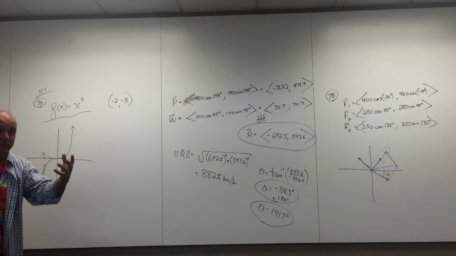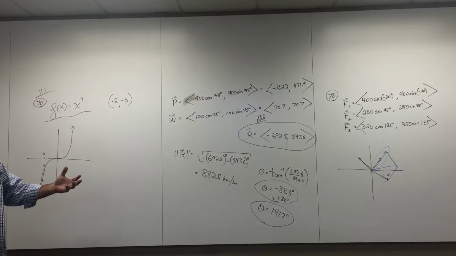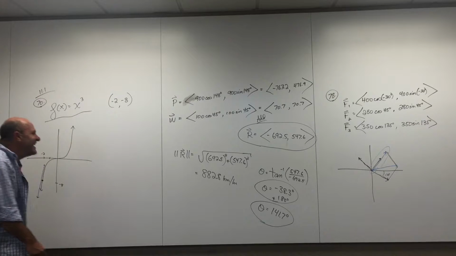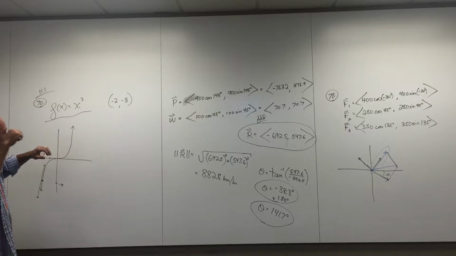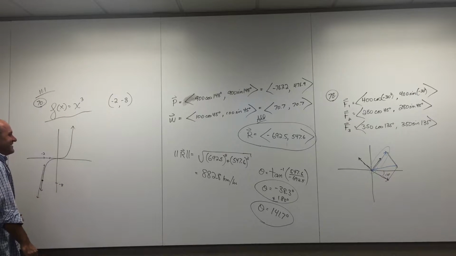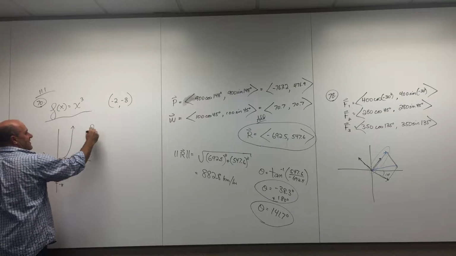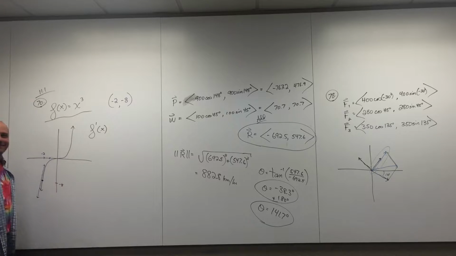And as soon as I say that phrase, slope of the tangent line, this is calculus, but we haven't done any calculus this semester. The slope of the tangent line is the derivative. Thank you, thank you. I need a derivative. That's all. I need the slope of the tangent line. Right. I need the derivative.